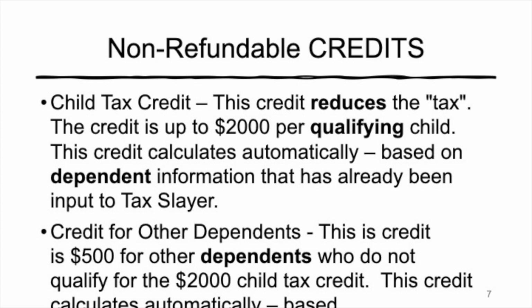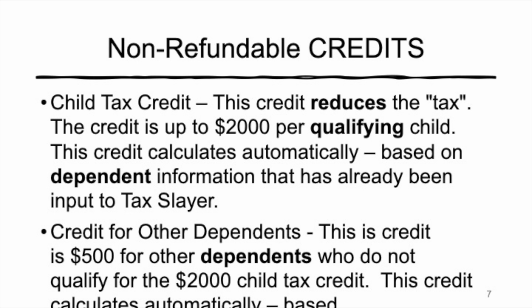They cannot be used as money-in-the-pocket refunds. You will also note here that these calculations are automatic through TaxSlayer based upon dependent information that's already been input. Publication 4012, pages G-2 and G-5 has information regarding these 2 credits. Well, that's all for line 19.